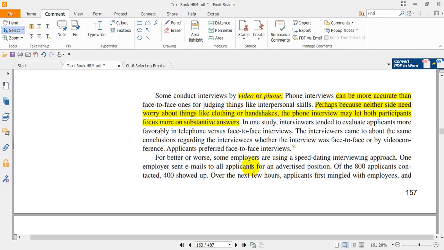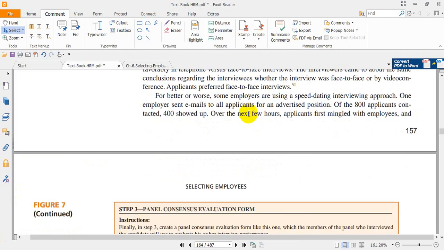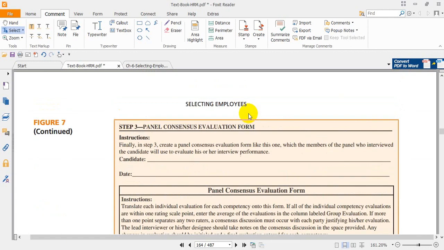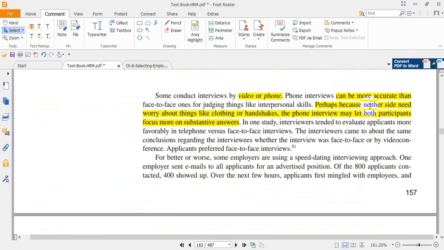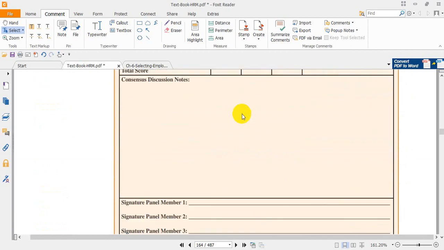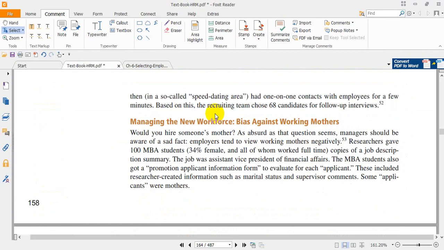Okay? So the phone or video interview can be more accurate than face-to-face interview because neither side needs to worry about things like clothing or handshakes. Okay.